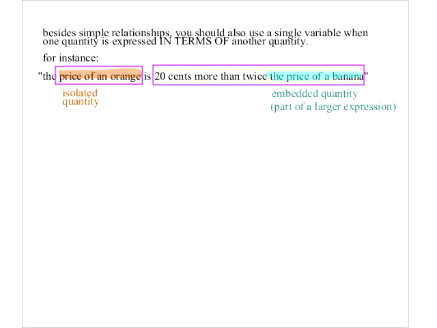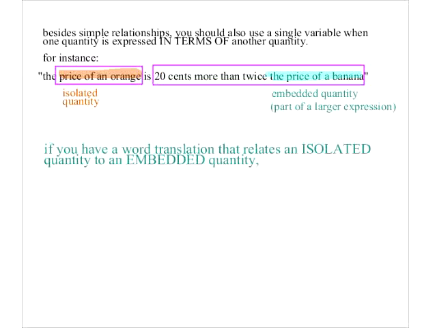You guys are all in agreement on this, so this would be a pretty quick takeaway. If you have a word translation that relates an isolated quantity to an embedded quantity, you could use your variable to stand for the embedded quantity.